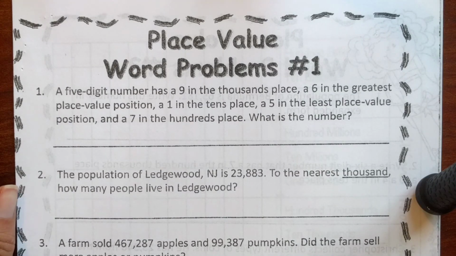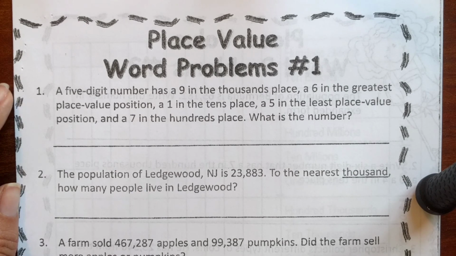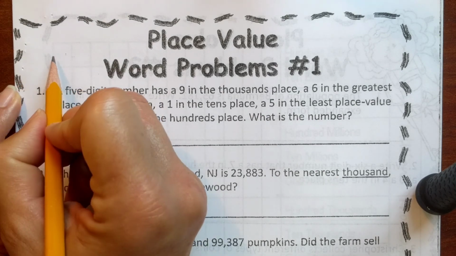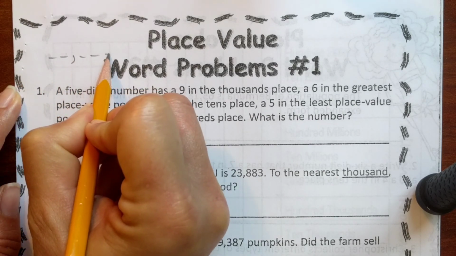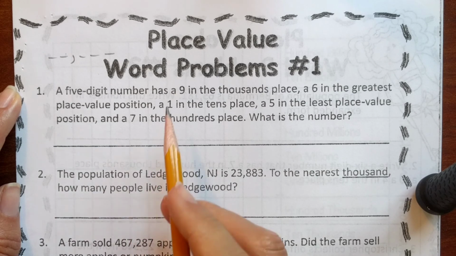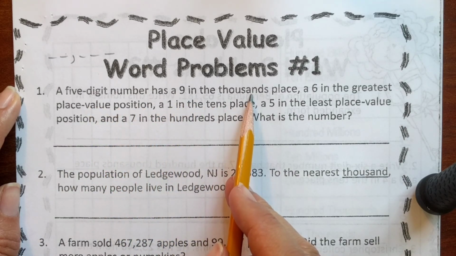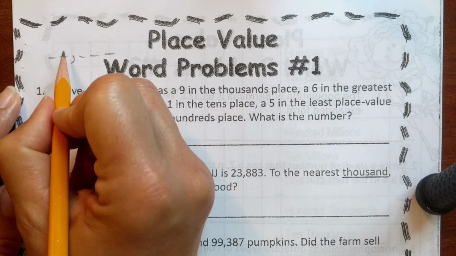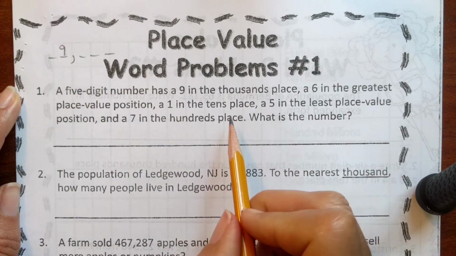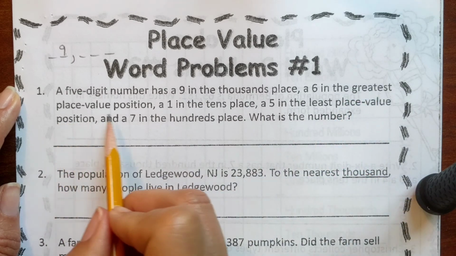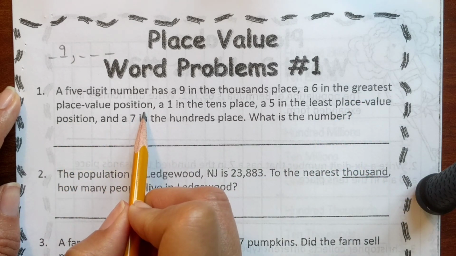Okay, and our last section are word problems. A 5-digit number, so it's going to have 5 digits. A 5-digit number has a 9 in the thousands place. Okay, so I'm going to put a 9 right there. A 6 in the greatest place value position.